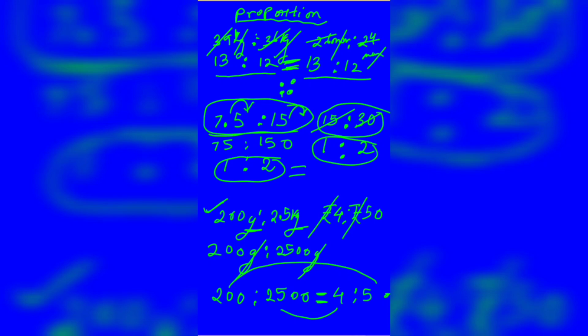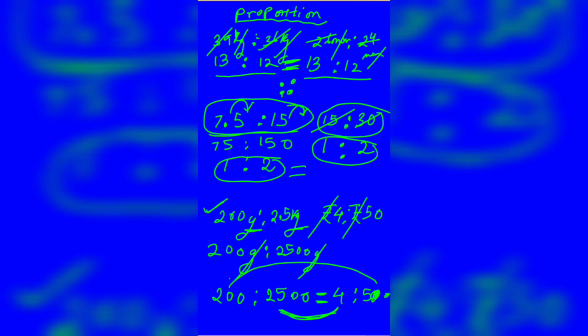Sorry, it's not 5, it's 50. So 200 into 50 comes how much? 10,000. And 2500 into 4 comes how much? 10,000. So they are in proportion.